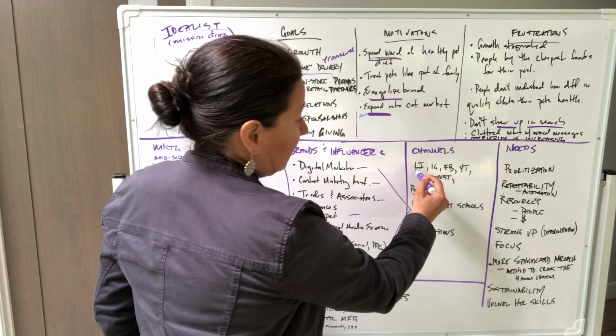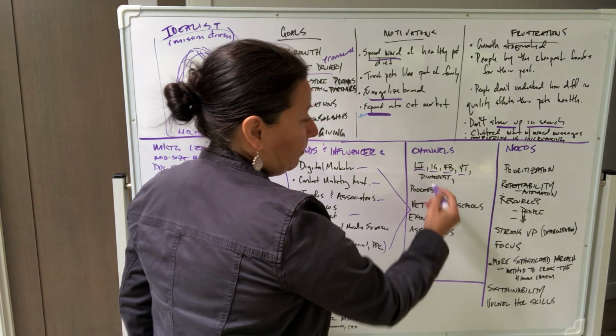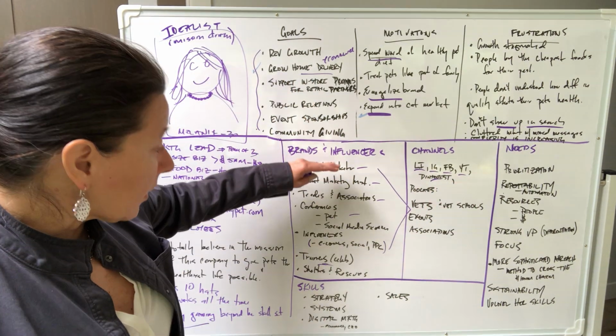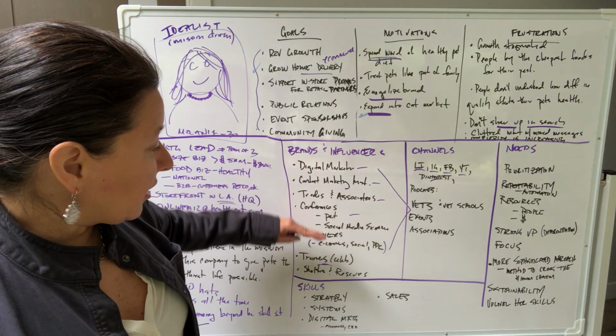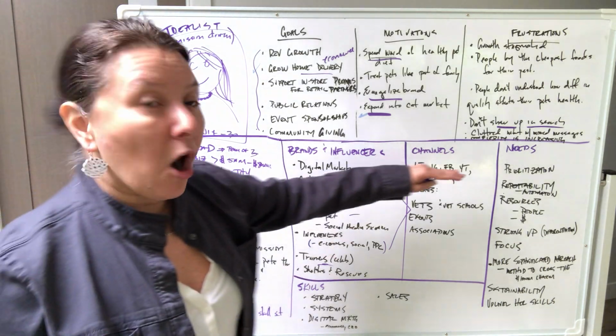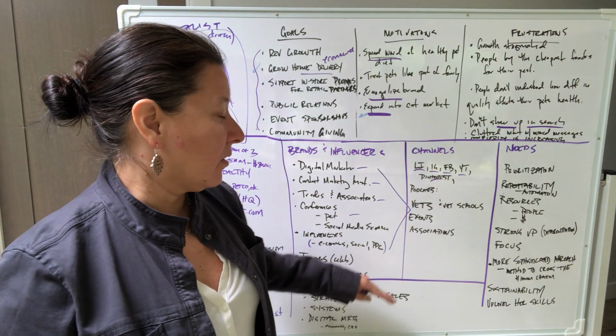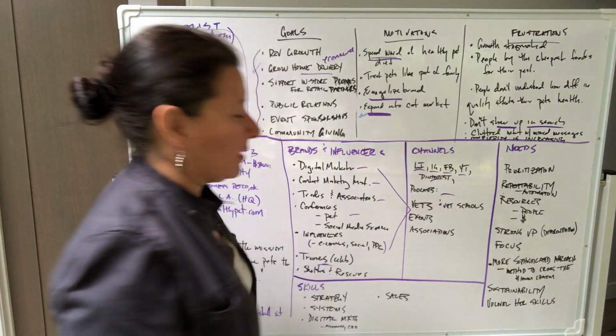So when you start getting into LinkedIn, Instagram, Facebook, YouTube, Pinterest, etc., there's probably a very good chance that a lot of these brands and influencers are in some of these channels, right? And we've got podcasts and so on.